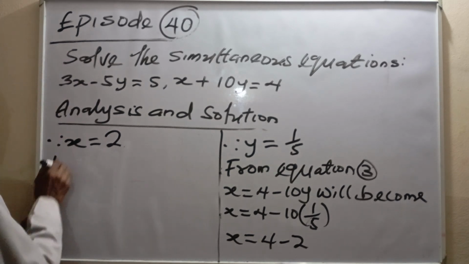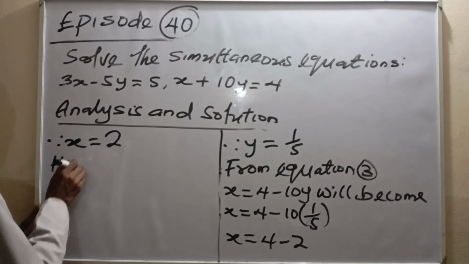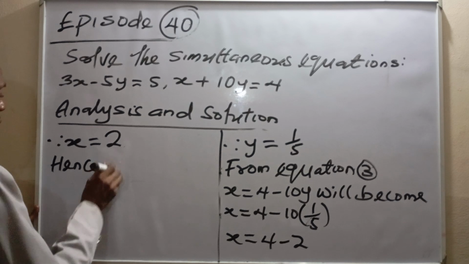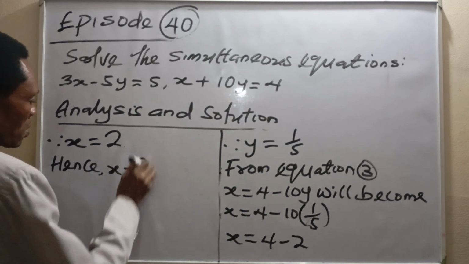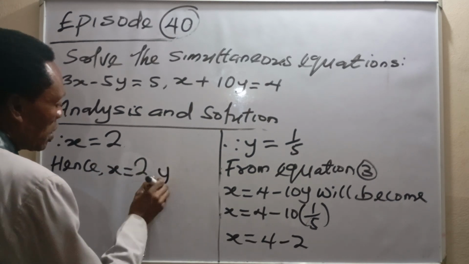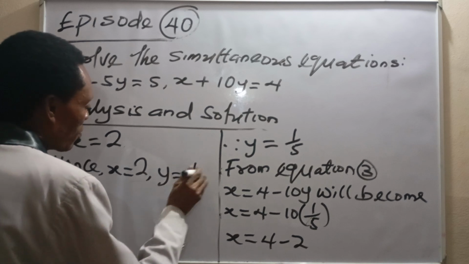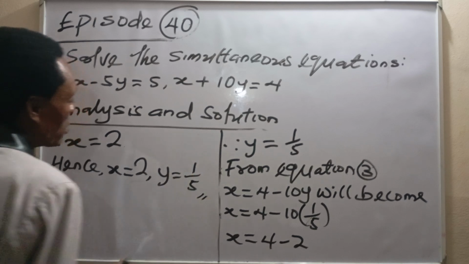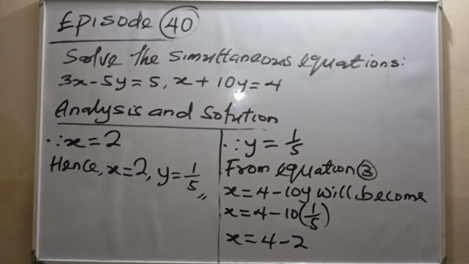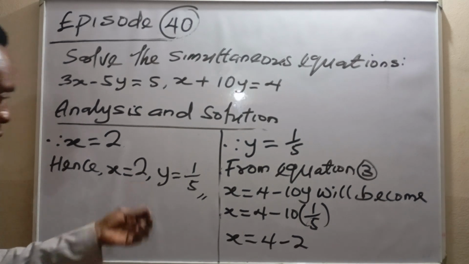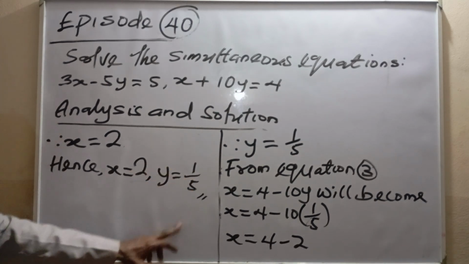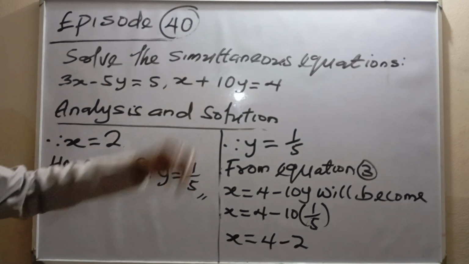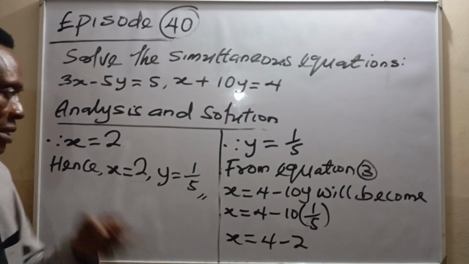Hence s equals 2 and y equals 1 over 5. So these are the answers to this very question.